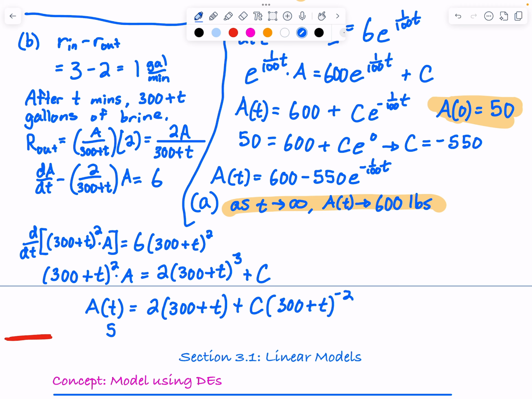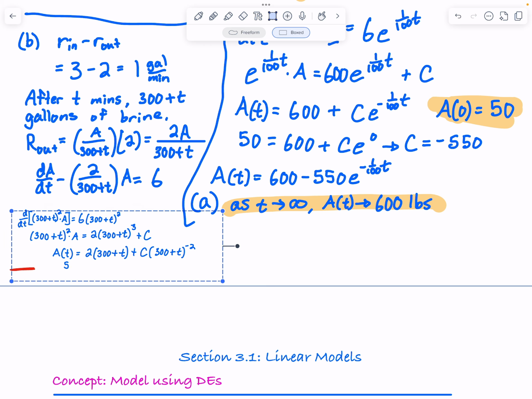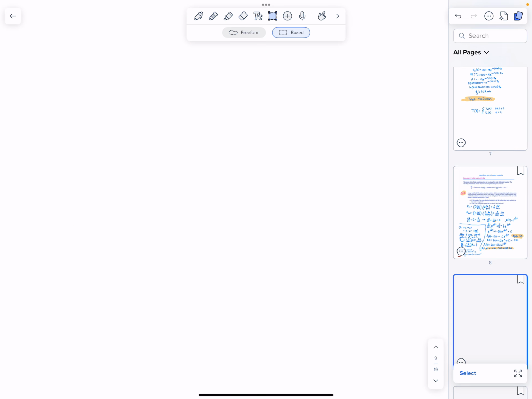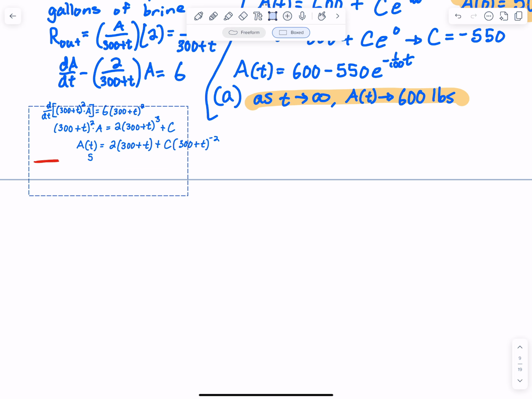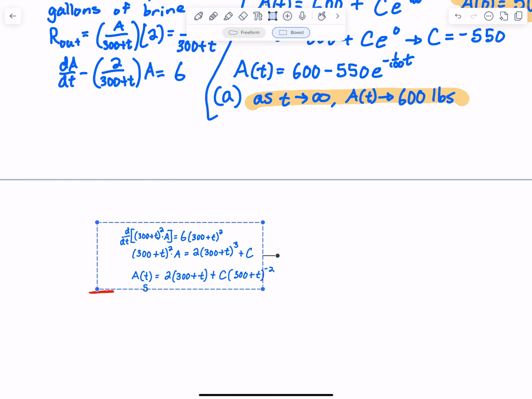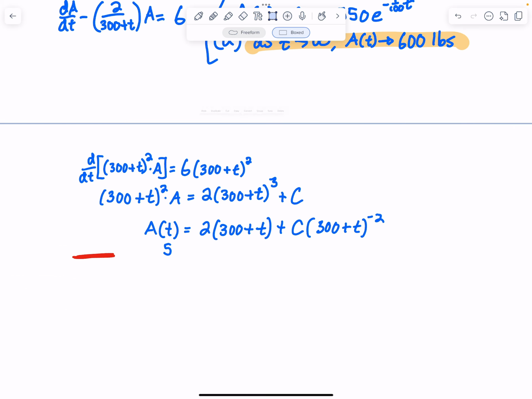Let me go ahead and add a page. Hold on one sec. Let me shrink this up. Move it up onto this page, add a page. And then go ahead and grab this. Thanks for your patience. Okay, there we go.